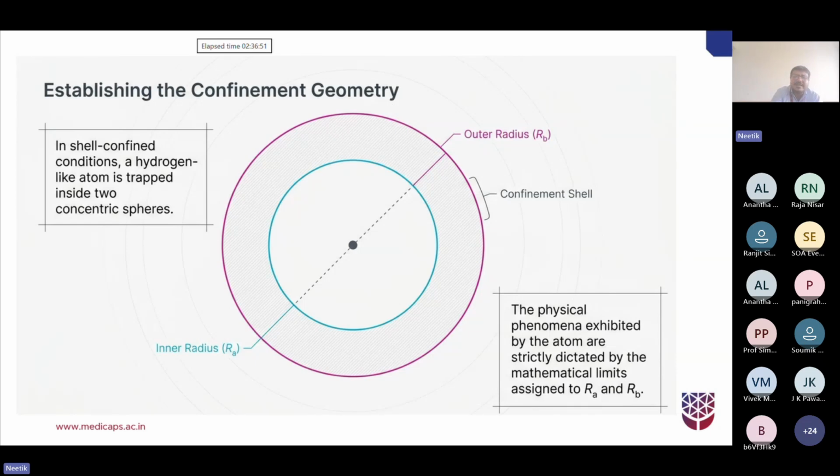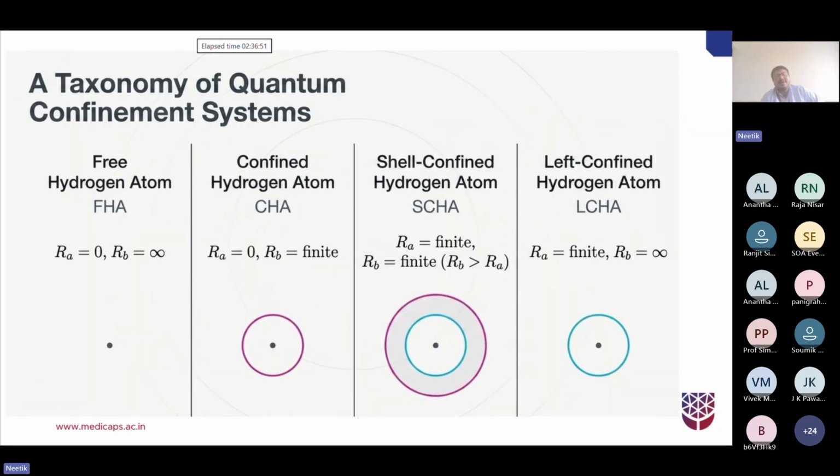When our inner radius is 0 and the outer radius is infinite, it's a normal free hydrogen atom or free system. If we keep RA at 0 and make RB finite, then we have a confined system. Now, if we make both RA and RB non-zero finite numbers, with RB greater than RA, it becomes a shell-confined system where the atom is trapped in a shell.